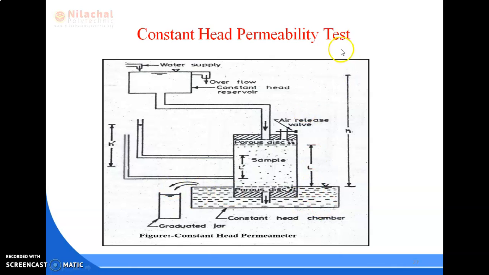This is the total height of water h, and here the difference between the water levels is h dash. This is the graduated jar into which the water can flow or discharge. So this is the total arrangement of this constant head permeability test.